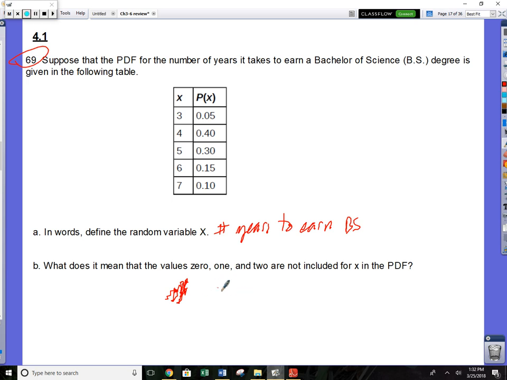So that means it is not possible, not reasonable, to earn a BS in 0 years. 0 years is impossible. 1 year, I guess it depends on how many credits you graduate high school with, how much concurrent enrollment you have. 2 years, you might be able to earn one in 2 years. But typically it's not reasonable to earn a bachelor's in 0, 1, or 2 years.